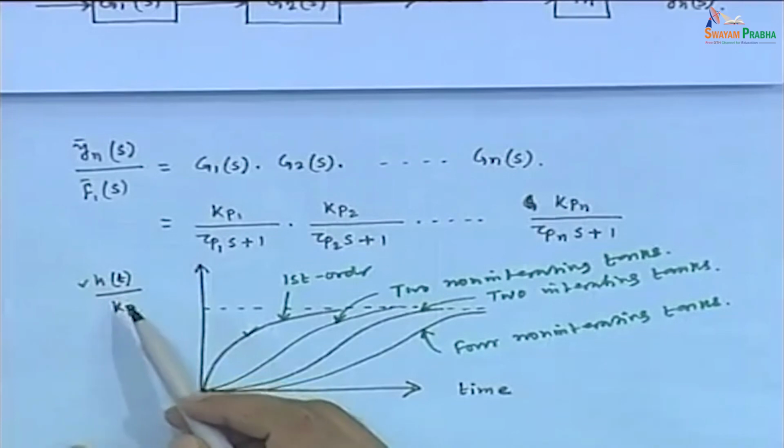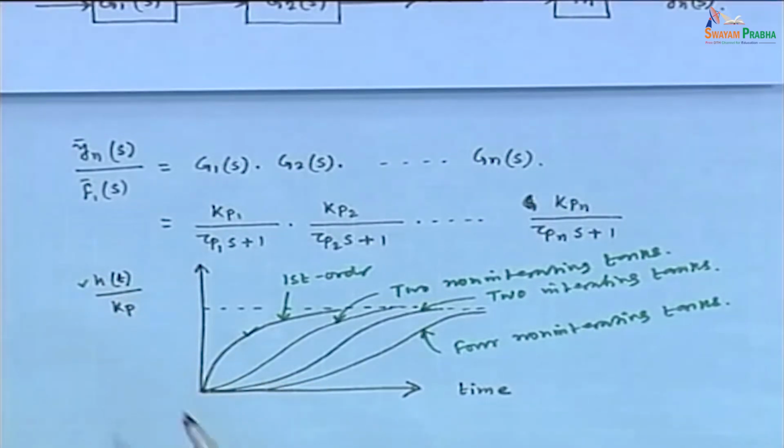The height H represents the height of second tank, and Kp represents the gain of second tank for 2 tank system. H represents height, Kp represents gain for fourth tank for 4 tanks system.